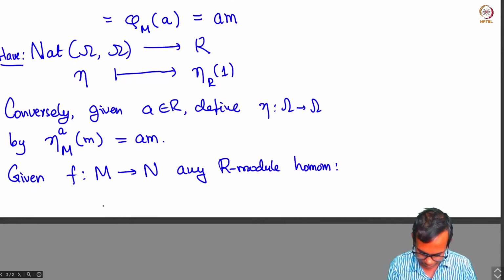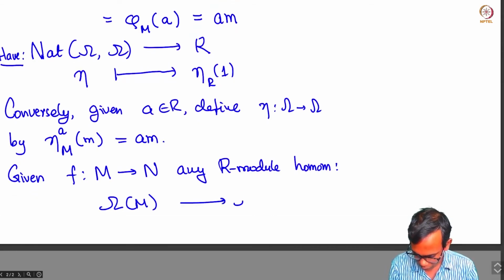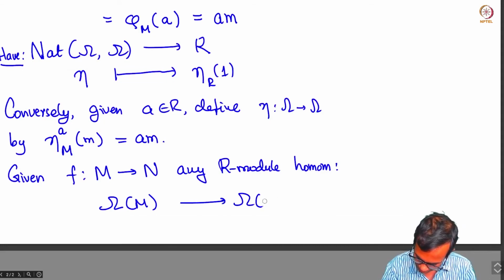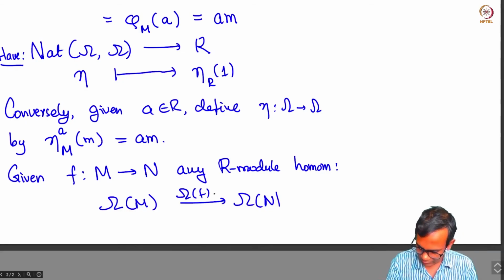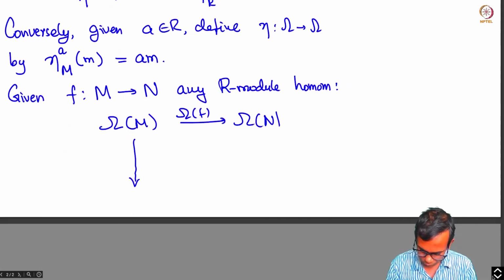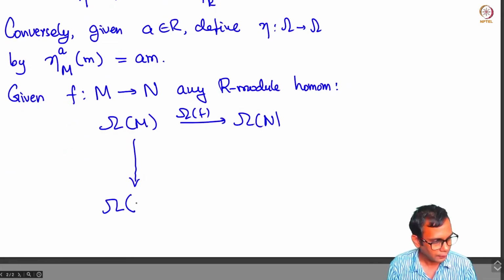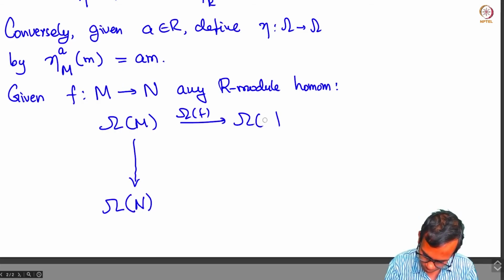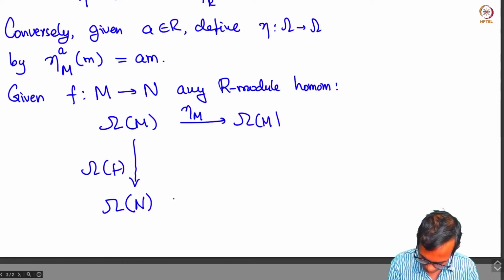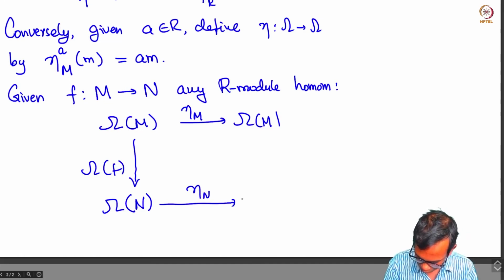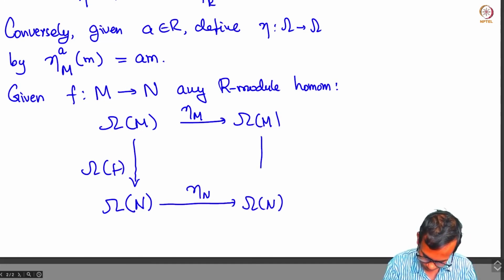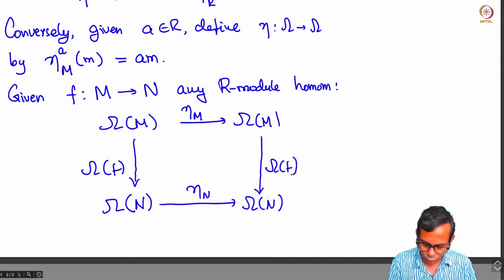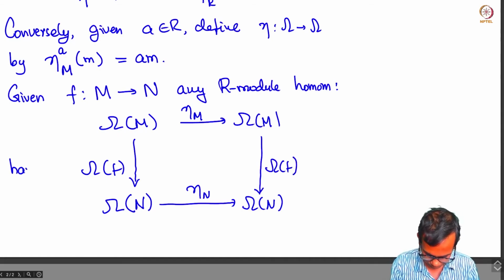So we need to check if the diagram commutes: omega M to omega M with eta subscript M, omega f going down, and eta subscript N going to omega N, with omega f here.